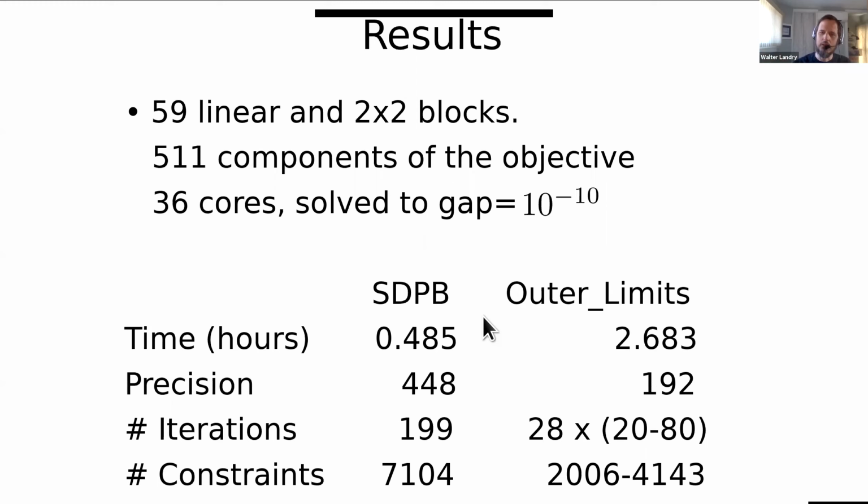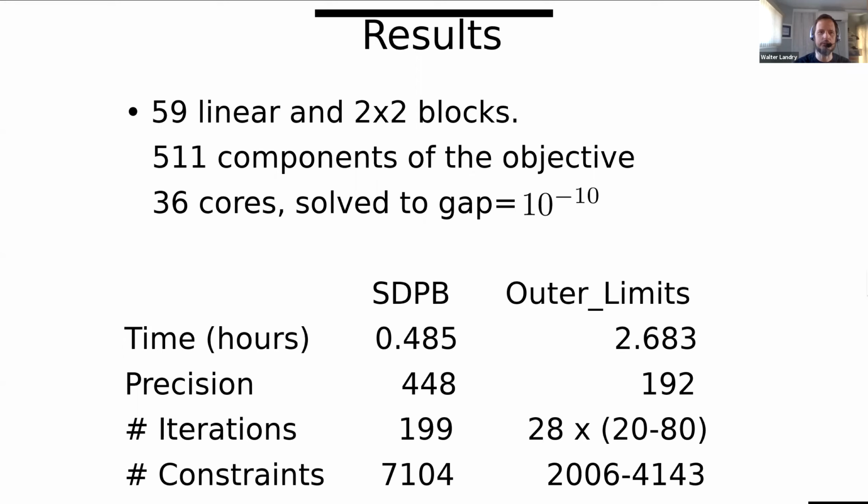But in the end, this is what I got. This is a non-trivial problem that I solved both ways, with SDPB and with outer limits. I used 36 cores, solved to a gap of 10 to the minus 10.